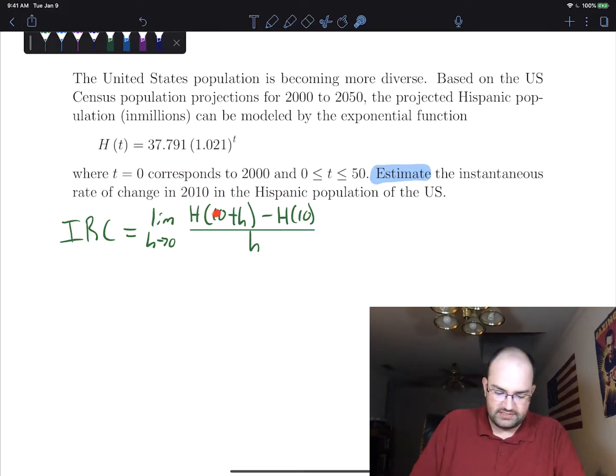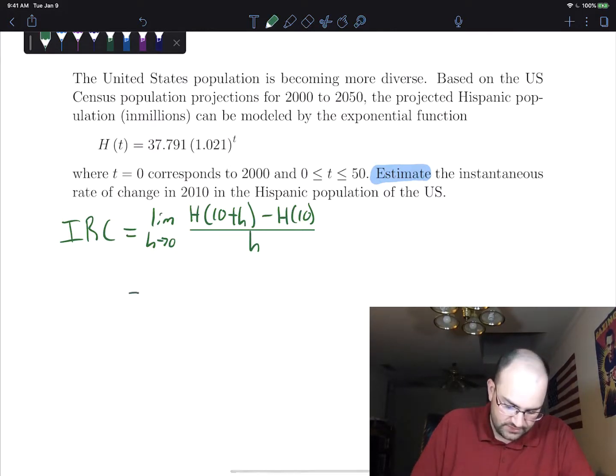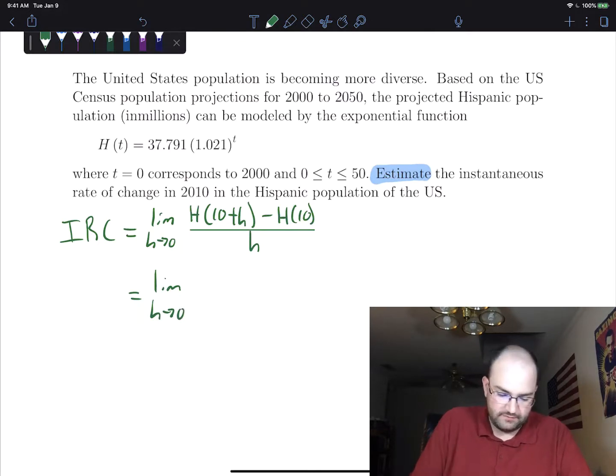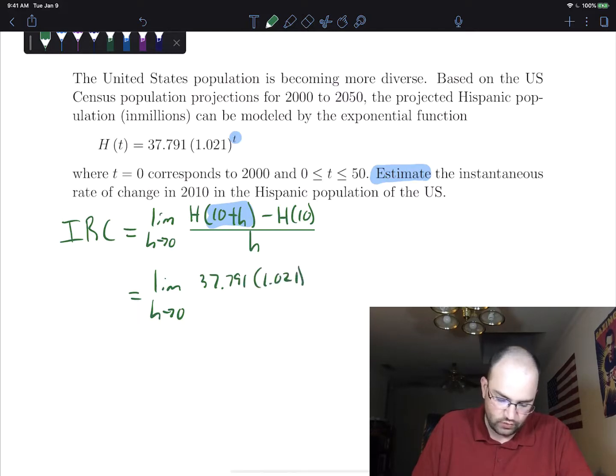Notice that if I plug in 10 plus h into here and just 10 into here, that's just a number. So what we get is the limit as h goes to 0 of, plugging in 10 plus h for the t, 37.791 times 1.021 to the 10 plus h power.